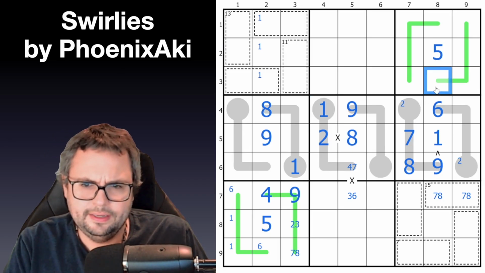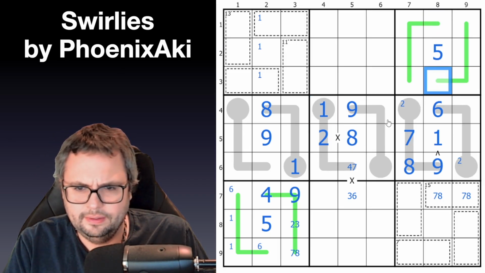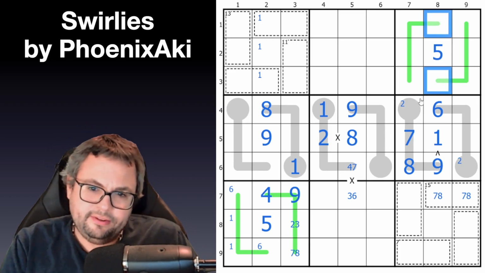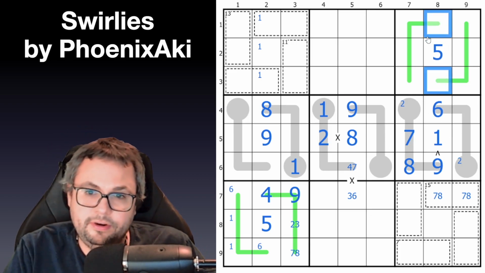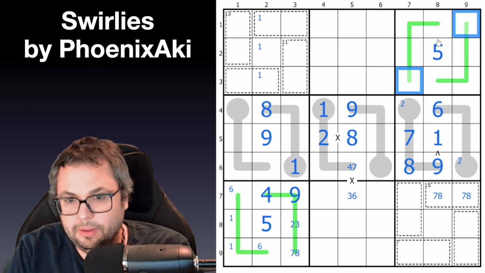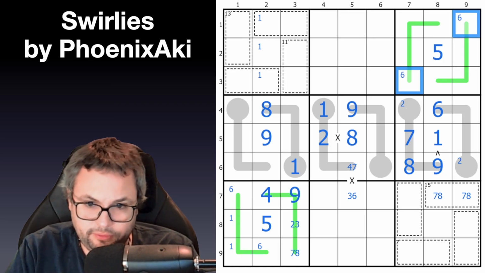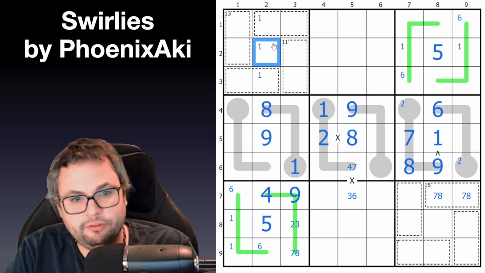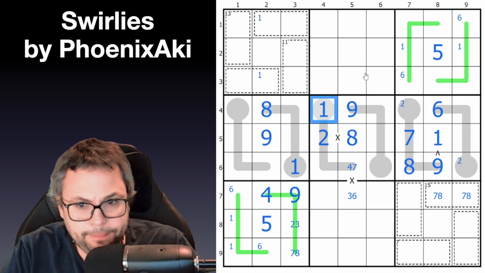Let's see. Okay, so 6 in this box, we know goes at the end of a whisper, but not in that column. So the 6 goes in one of those cells. So the 1's actually horizontal because the 1 goes next to it and looks over at that cell.